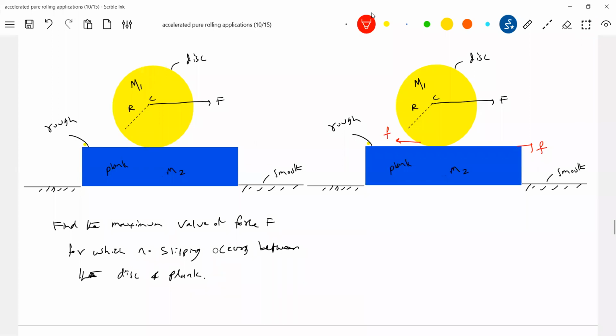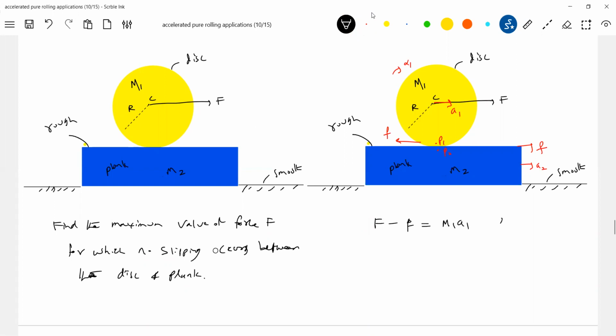Then the acceleration of the center of mass of this is A1, then alpha 1, and the acceleration of this, let it be A2. I'll focus on these 2 points. Let me write all the set of equations here. First equation: F minus small f is equal to M1 A1.